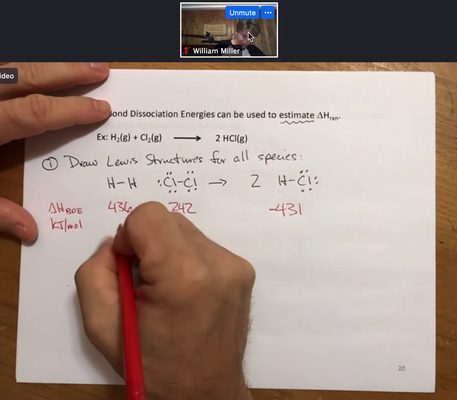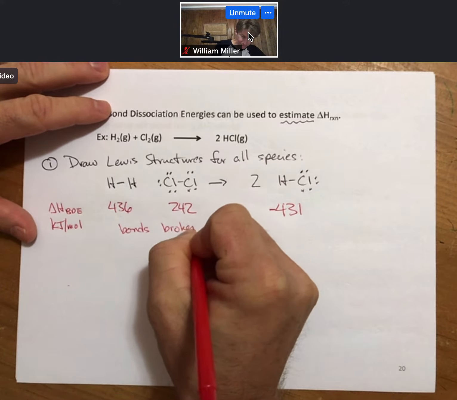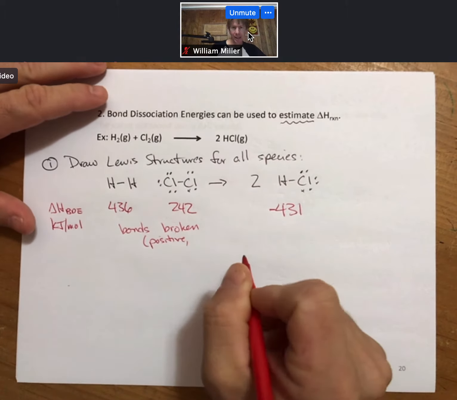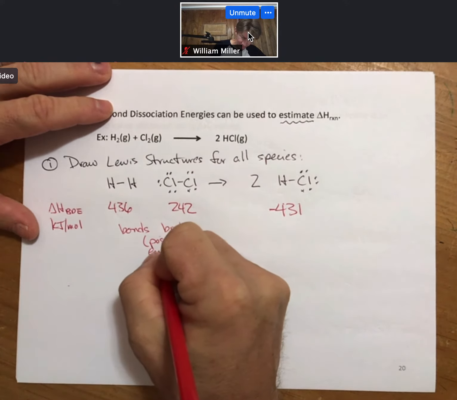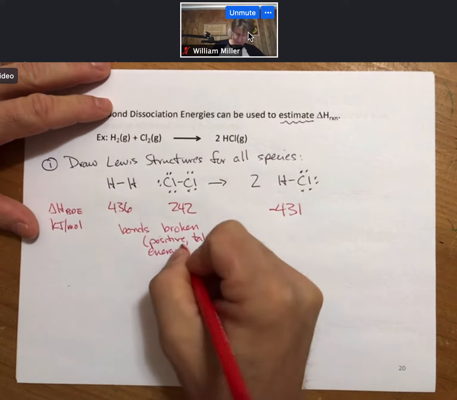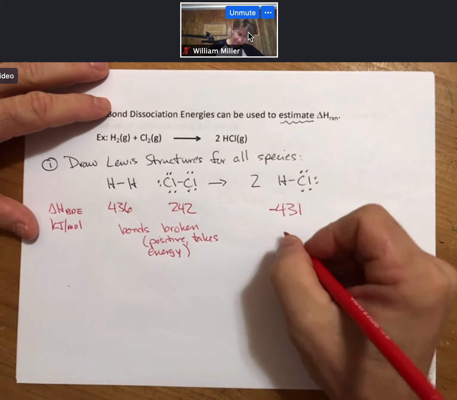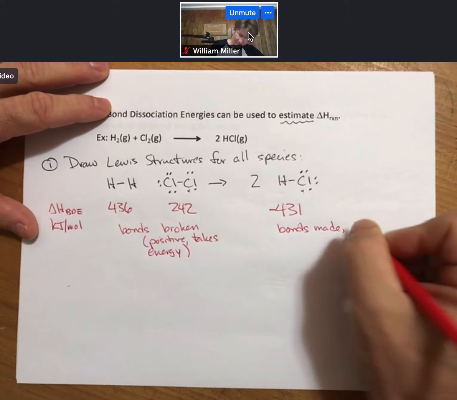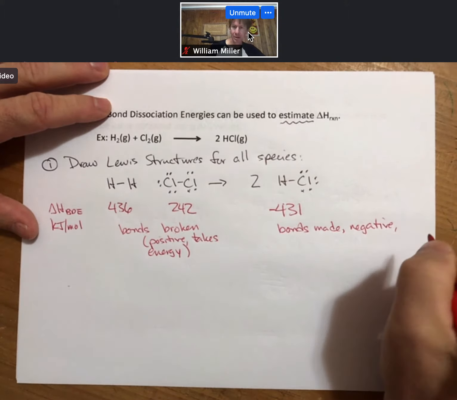So these are bonds broken, so positive, takes energy, and when you make bonds, so these are going to be bonds made, negative, releases energy.